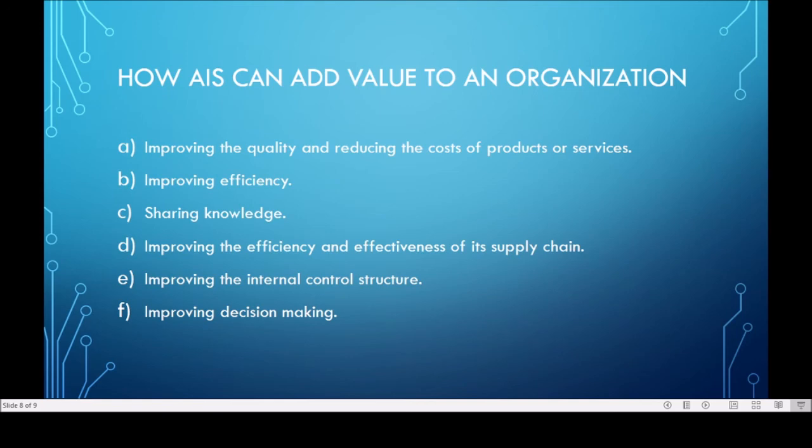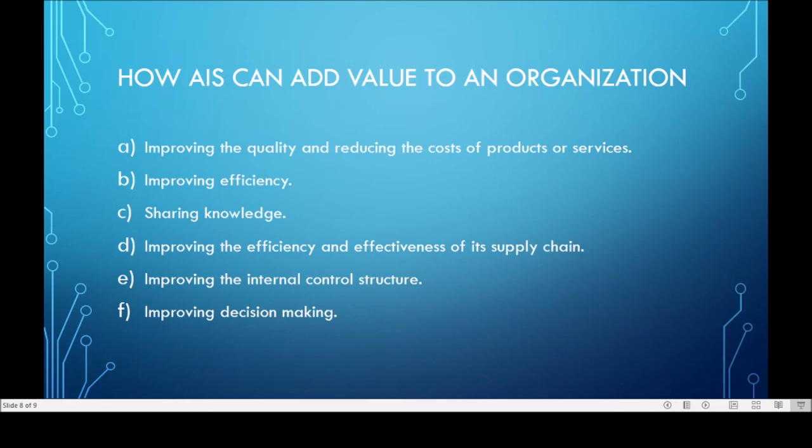The third one, sharing knowledge. The accounting information system can share new knowledge to the user and even to the person navigating that system. Letter D, it improves the efficiency and effectiveness of its supply chain.